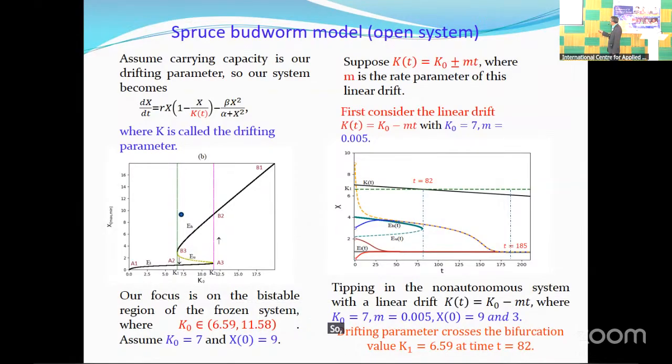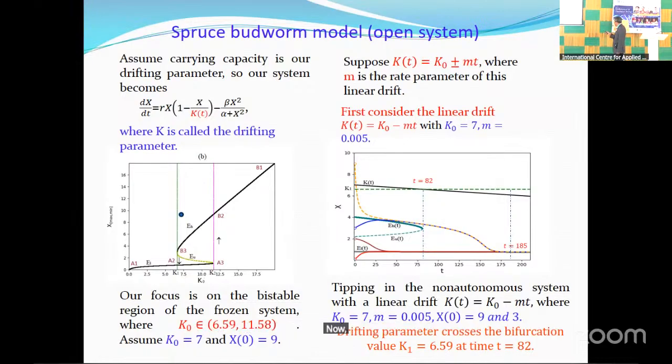Initially your system tries to converge to this EH, but it fails to converge there, and eventually converges to the lower equilibrium EL. So there is a tipping from E high to E low. This is called bifurcation tipping, because your drifting parameter has crossed the bifurcation value at time t equal to 82.